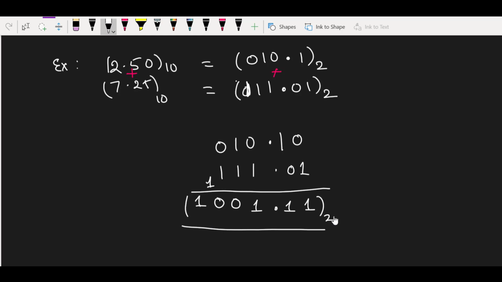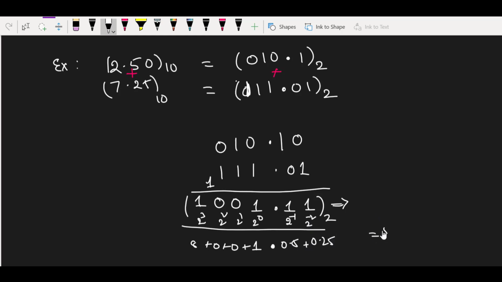Now we need to convert to decimal to find out the exact value. If you write here, this will be 2 power 0, 2 power 1, 2 power 2 and 2 power 3, 2 power minus 1, 2 power minus 2. If you convert it, 2 power 0 means 1, this will be 0, this will be 0, this will be 8, so that is 9. Then 1 by 2 will be 0.5, 1 by 4 will be 0.25.